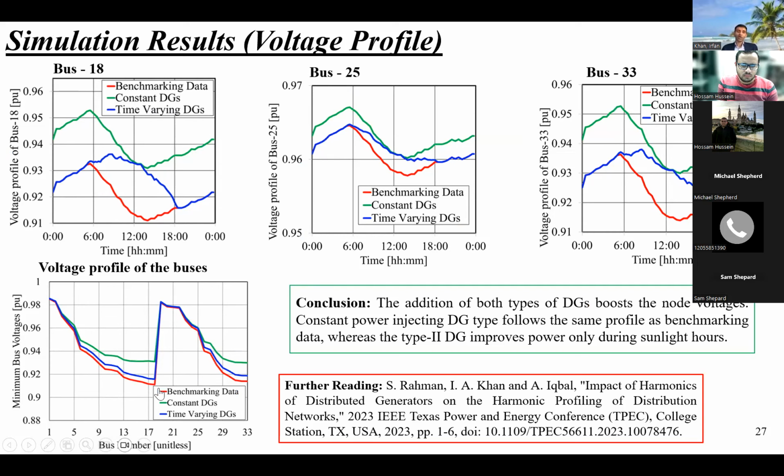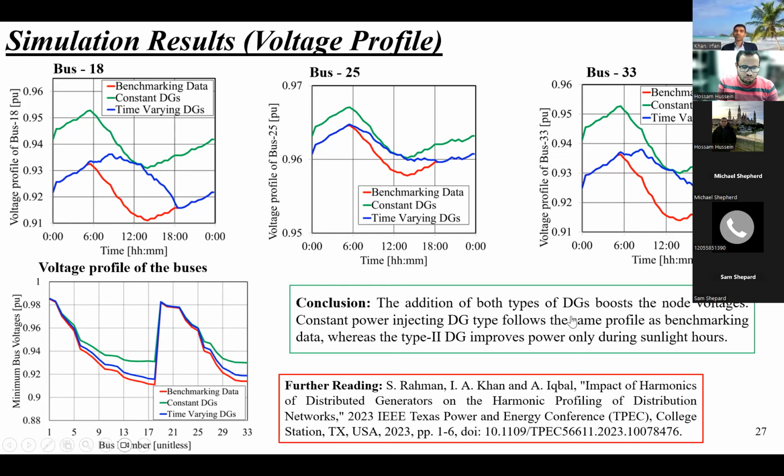Because bus number 17 was at the end, it was the last bus in the 33-bus system, the voltage is going down, decreasing, and then bus number 18 is again near the generator. So that's why the voltage goes up.